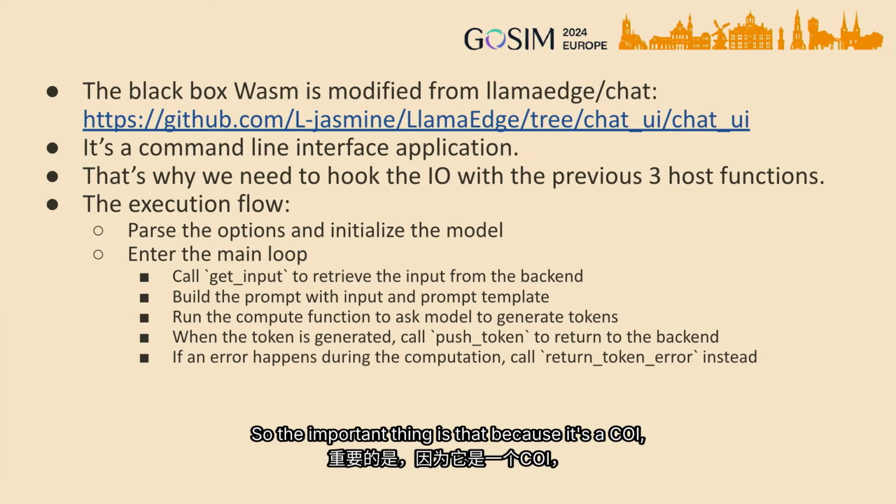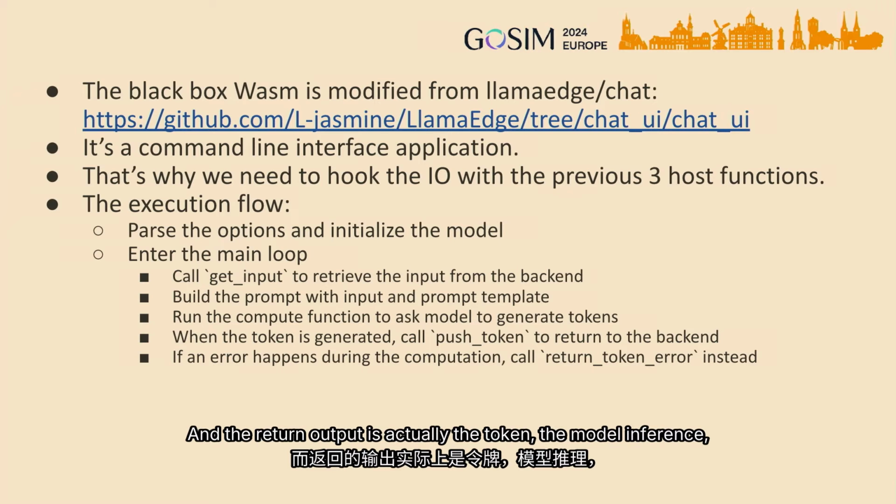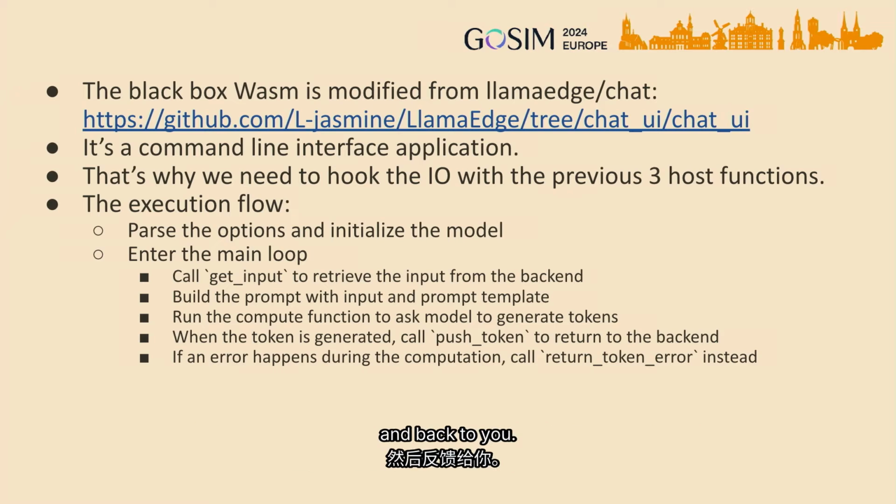So the important thing is that because it's a CLI, all you need to do is handle the I/O part. So get input handles the keyboard input, and the return output is actually the token, the model inference, back to you.